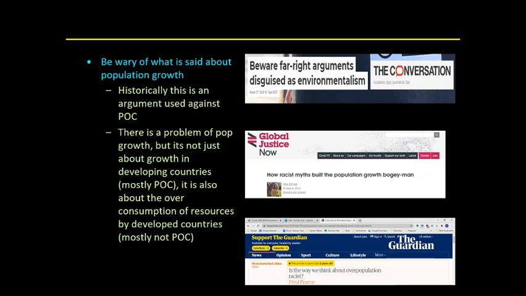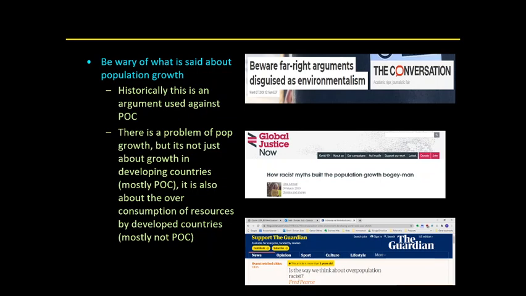It's been used as a disguised way to talk about how to limit the growth of populations of people of color, and that's of course blatantly a problem, blatantly racist.